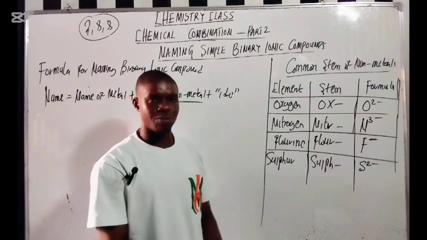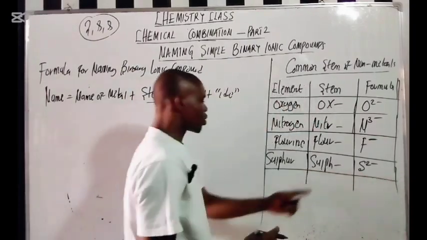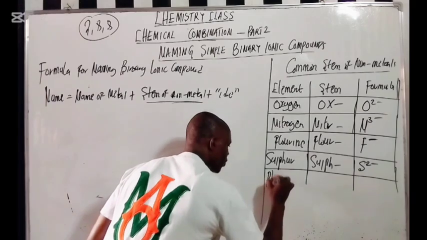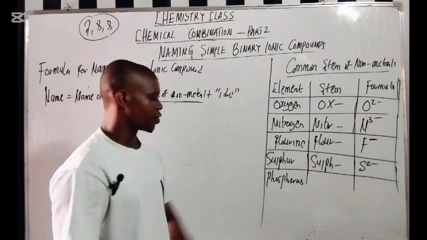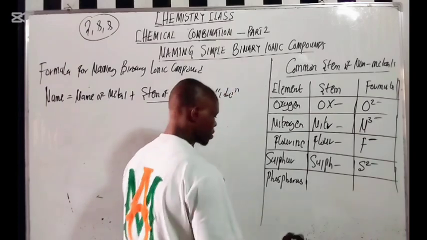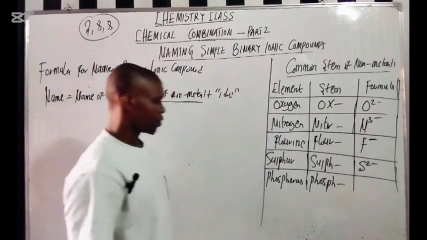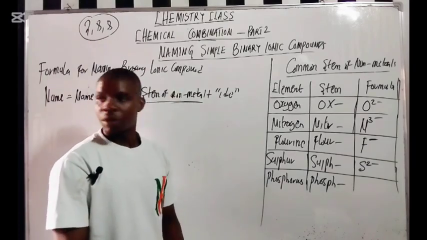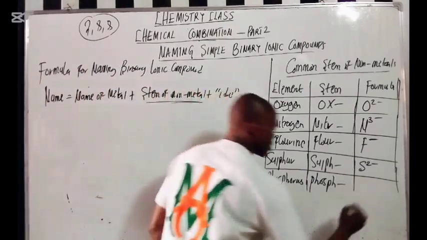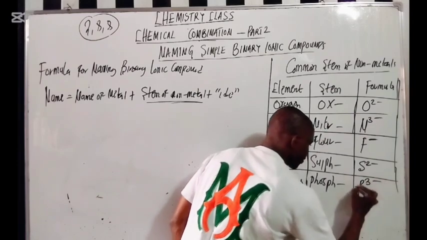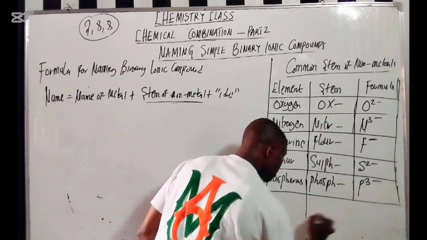Then next we're going to be phosphorus, P. The stem is called phos, and the formula is P3 minus.